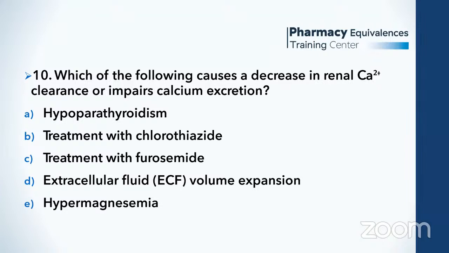Or treatment with chlorothiazide. Here, decreasing renal clearance of calcium, meaning what? What is the other expression that we can call this state? Increased reabsorption. Increased reabsorption leading to what? Hypercalcemia.